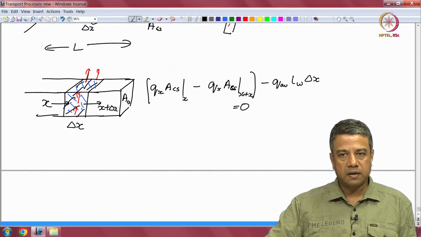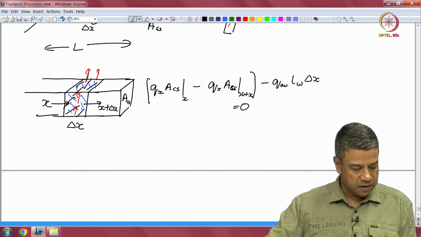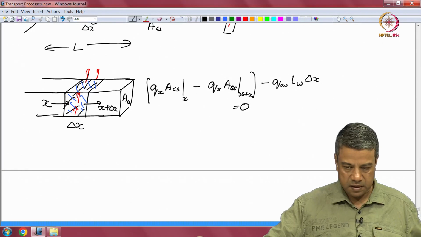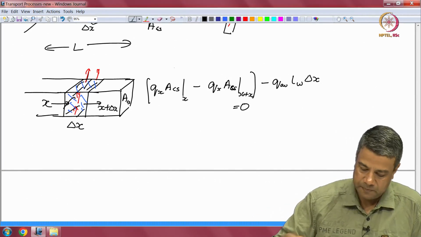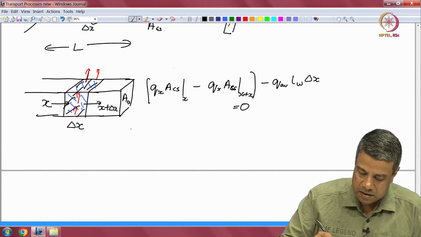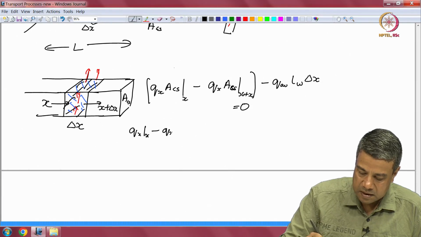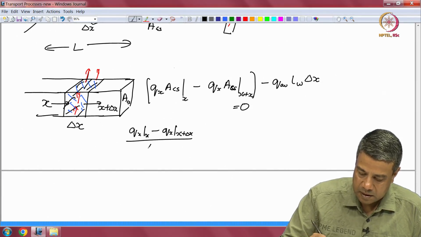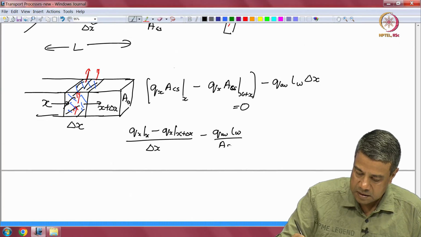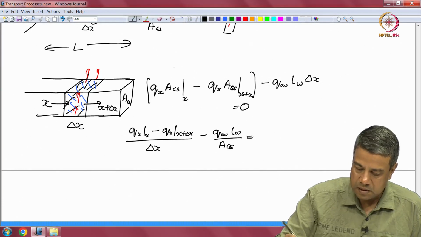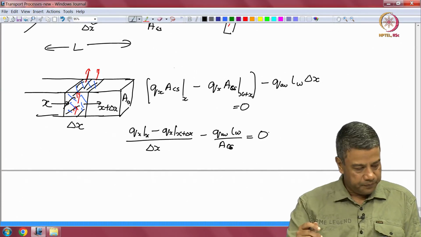So, I can divide throughout by the cross sectional area, and divide throughout by delta x. If I divide throughout by the cross sectional area and delta x, I will get qx at x minus qx at x plus delta x by delta x minus QAV LW by ACS, equal to 0.